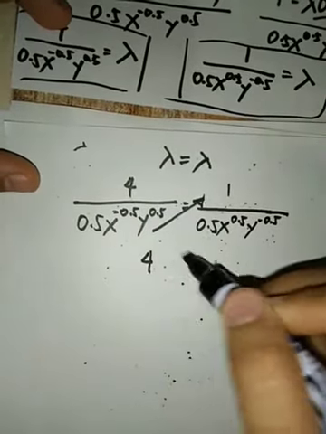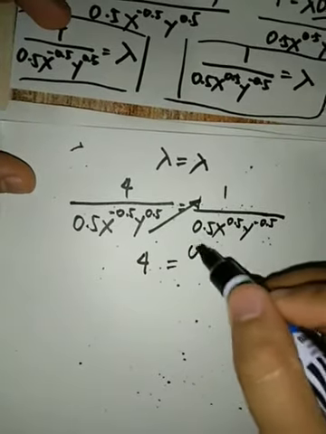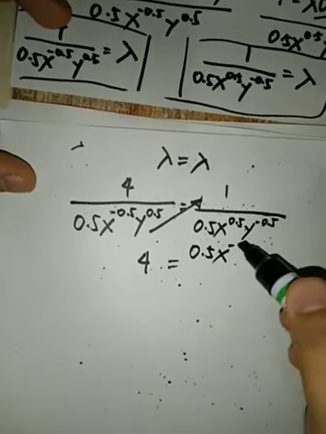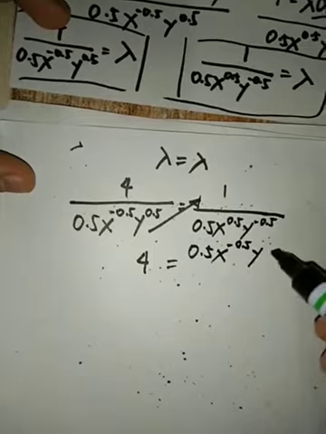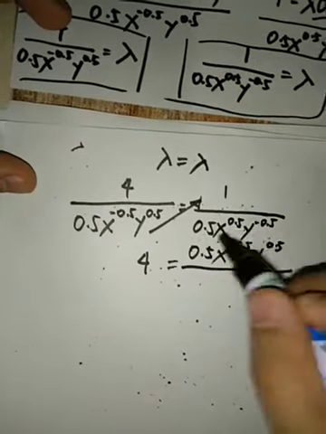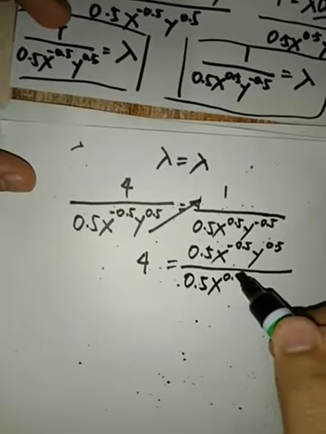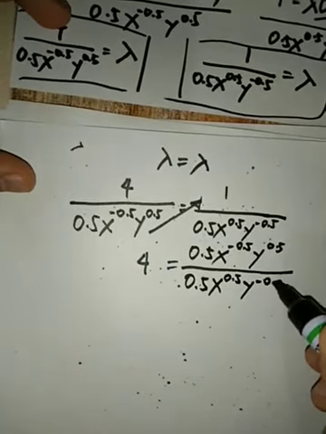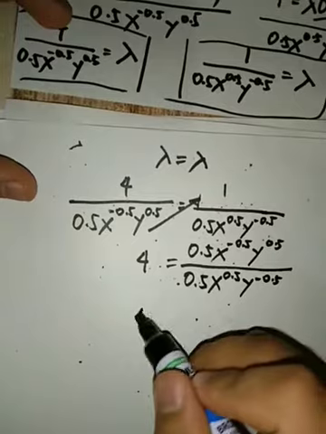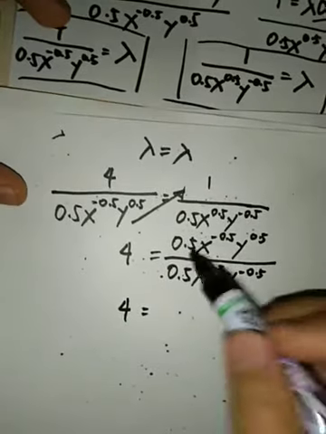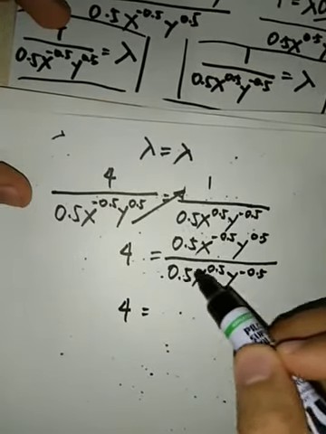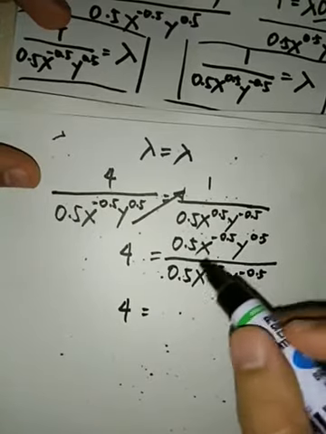What remains on the other side is this, over this one. Okay. Then 4 equals 0.5 divided by 0.5, which is 1.